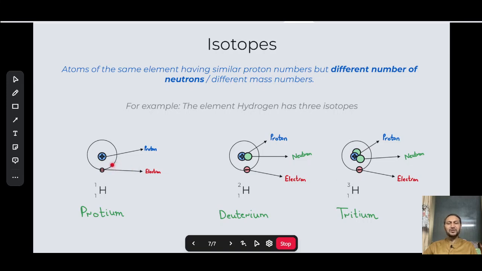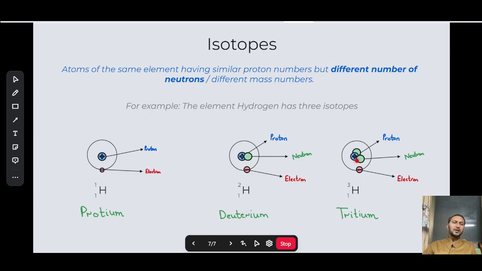This specific hydrogen has 0 neutron and only 1 proton, that is why it is named protium. This isotope has 2 particles, 1 proton and 1 neutron, that is why it is named deuterium, deuterium meaning 2.